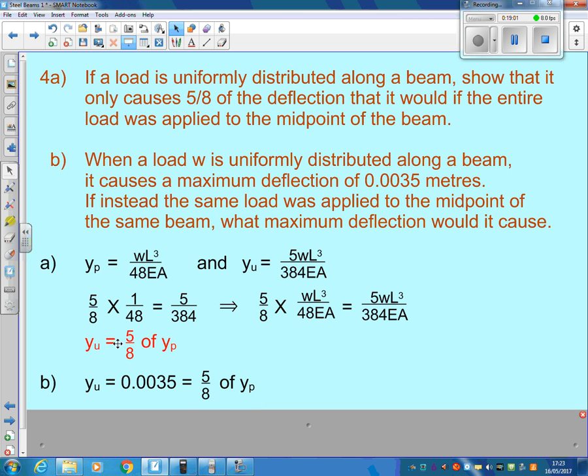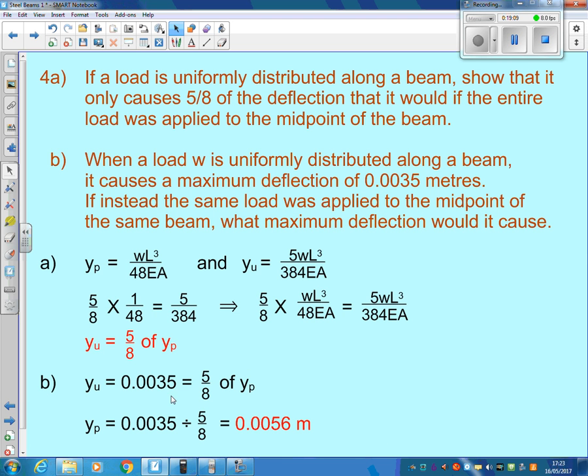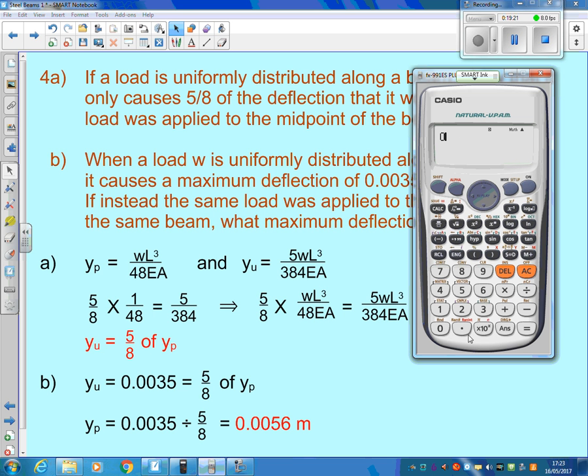And that yu I know is 5/8 of yp. So 5/8 of what I want is this. So basically all I do is I take that value and instead of multiplying it by 5/8, I divide it by 5/8.